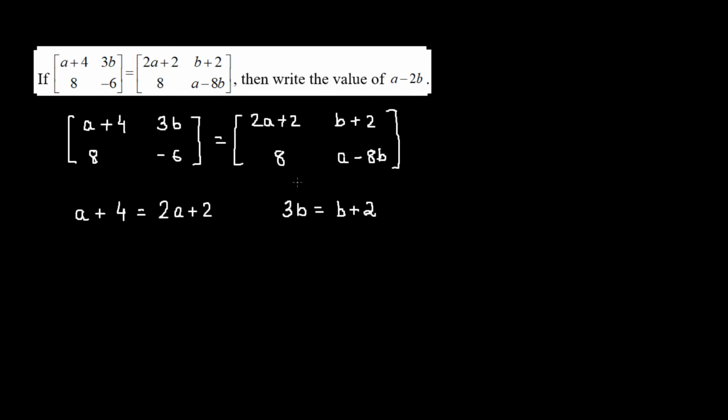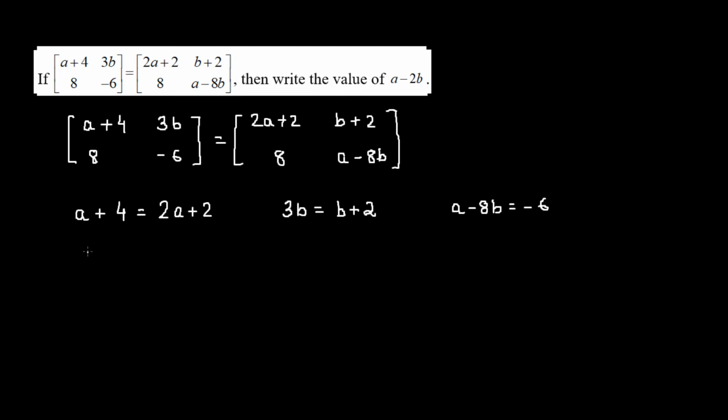Then 8 is equal to 8, so we don't have to write it. Here, the fourth element, which is A minus 8B, is equal to negative 6. And the first equation will give us the value of A, the second equation will give us the value of B, so we don't have to use the third equation.